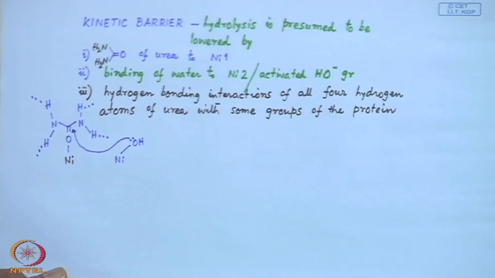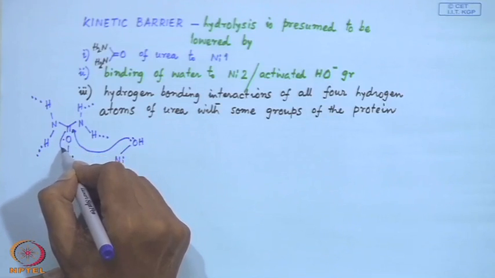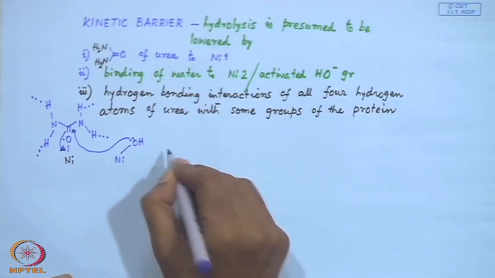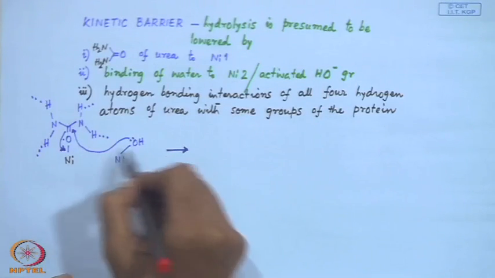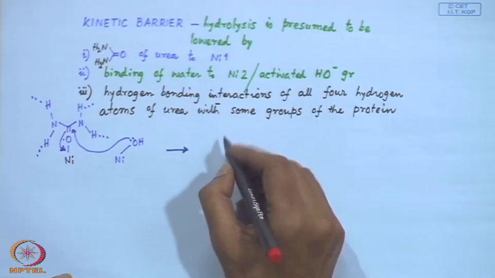So, this will attack this carbonyl function, because we go for electron push to the metal center, and as a result we get an intermediate. When this OH attacks, this carbon becomes tetrahedral.